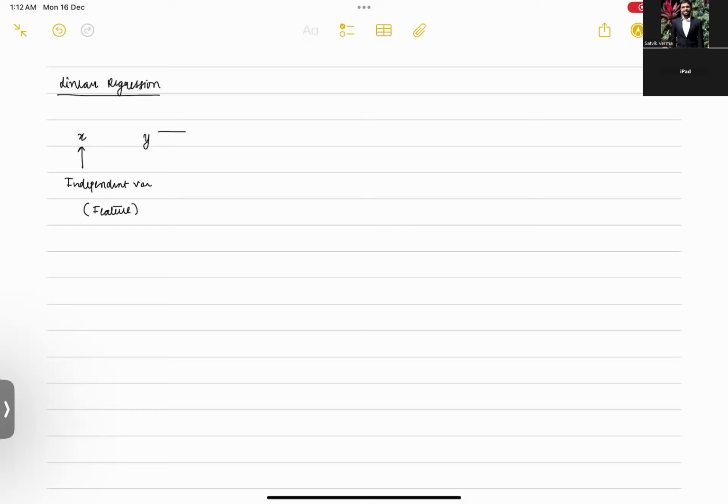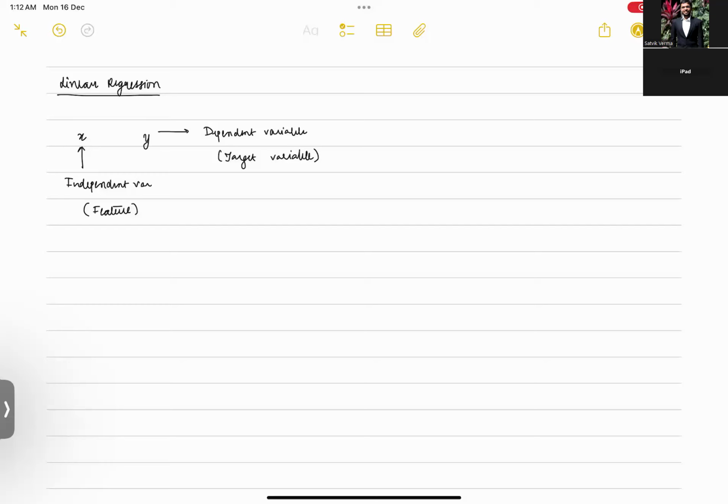And y is what we'll call the dependent variable, or we could also call it a target variable. Right. So let's say we have data sets of two variables, x and y, right?